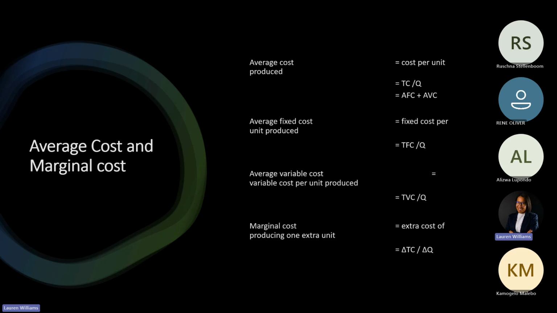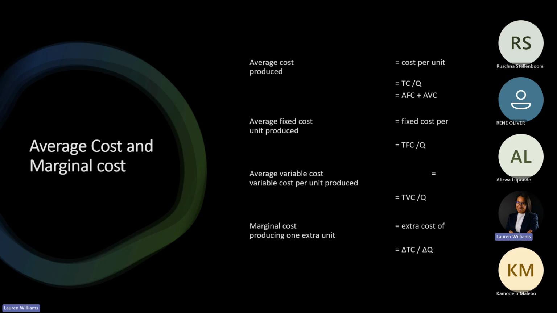And the same with marginal. We're saying for every additional employee that you are hiring, what is the costing for that individual? So you can have a lot of different formulas here. So in terms of the average cost, it's the average cost per unit.